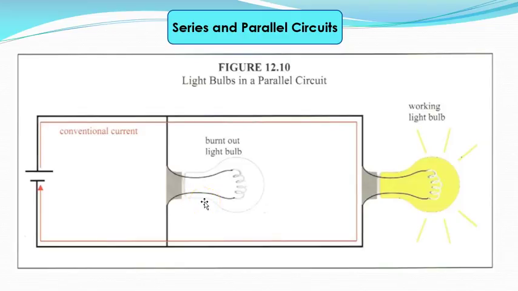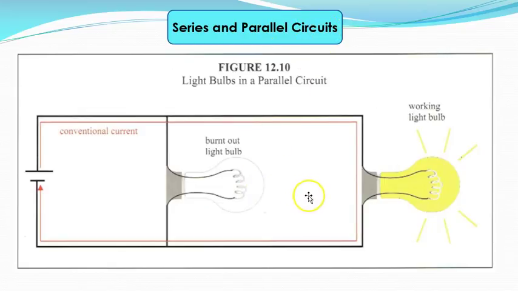That can be really problematic, particularly when you're doing something like wiring a house. You want to make sure that you don't have one light go out in a room and have all the other lights go out in a room. So then what you would do is wire the house with parallel circuits.